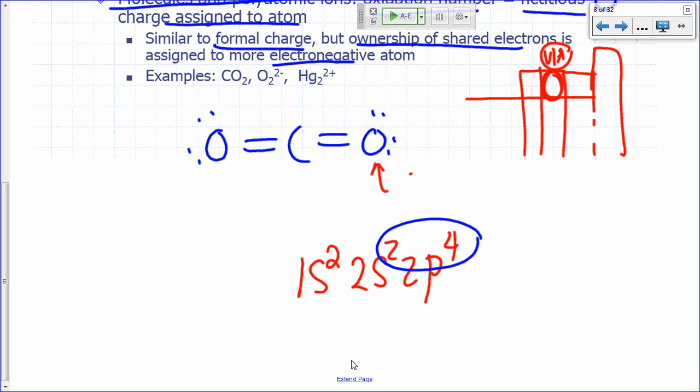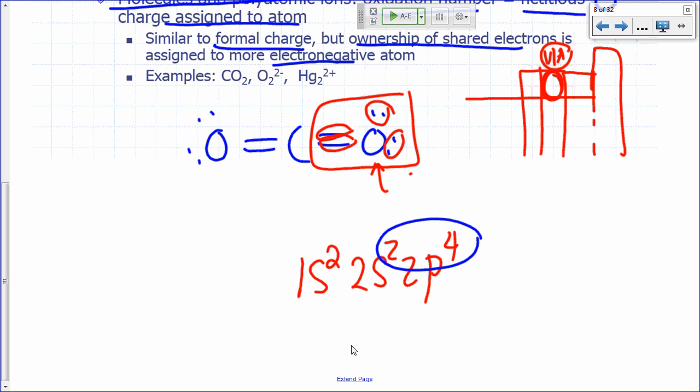Now, remember a Lewis structure shows you how the valence electrons are distributed among the atoms. In this structure, the oxygen owns how many? 2 plus 2 plus 2 plus 2. It's surrounded by an octet, right? So it appears to own 8.